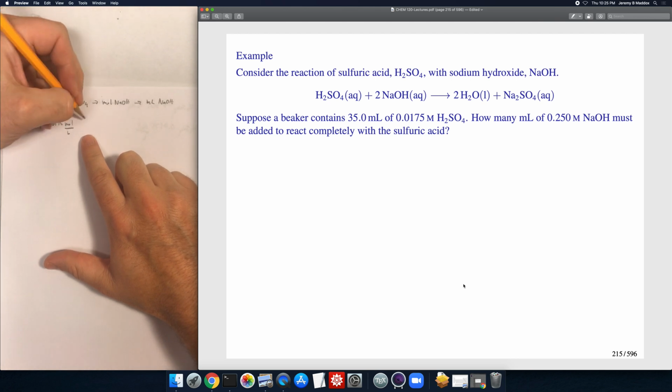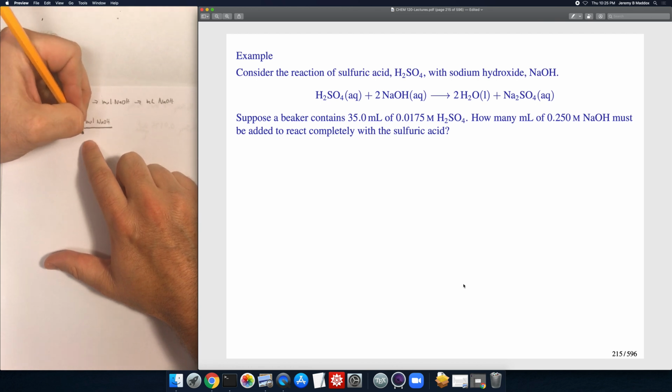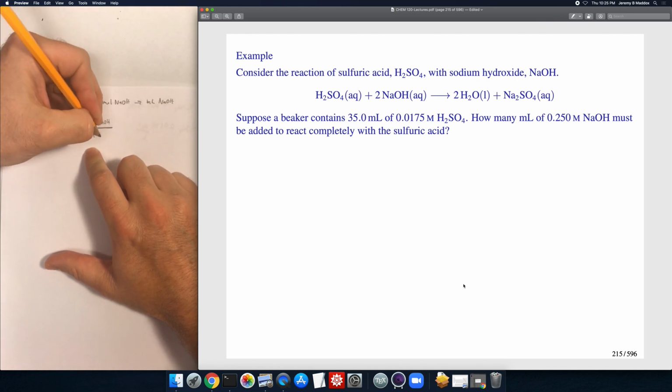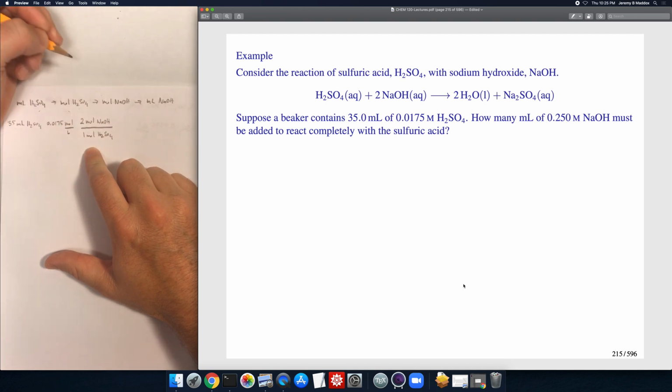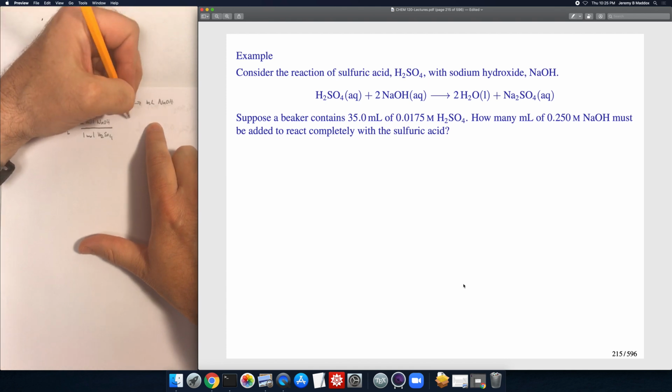Okay, and so that is a 2-to-1 ratio in this case. And then to get to the volume of sodium hydroxide, we are going to divide by the concentration of the sodium hydroxide solution.